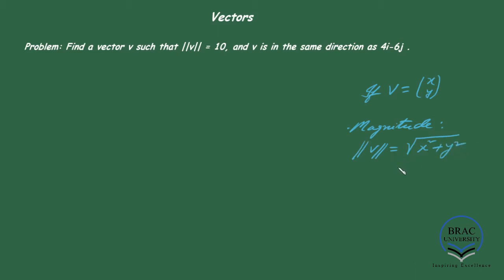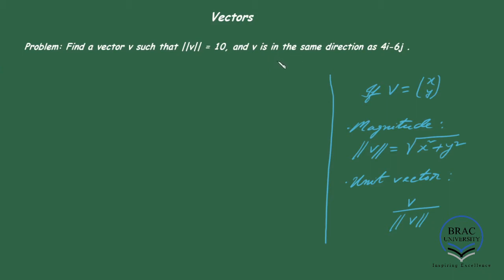And we can find the unit vector, which we can write as v divided by the magnitude of v. So if v is a non-zero vector, the result of dividing it by its magnitude is a unit vector. That's the idea.